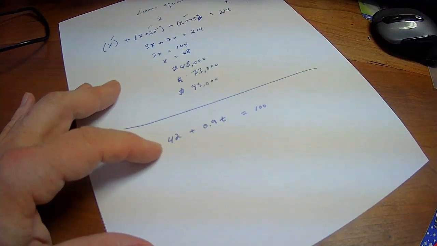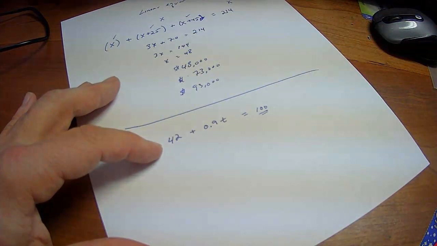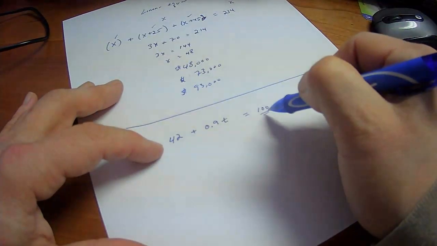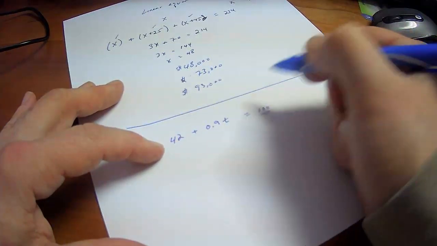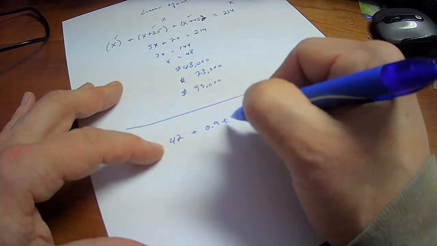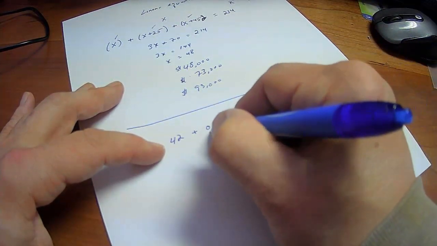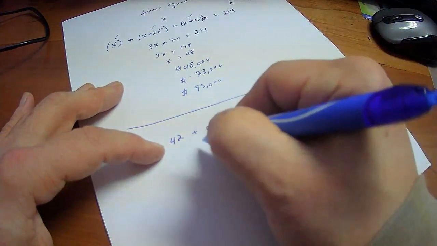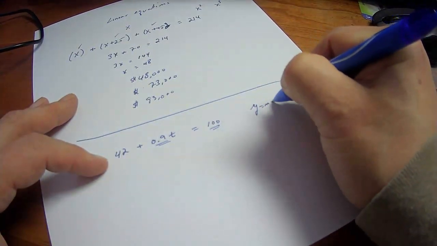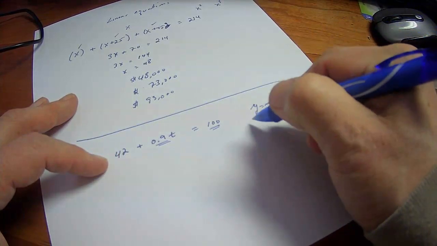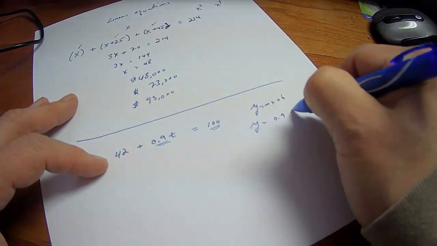So you want this all to add up to 100%. When you do that, you come up with a very easy equation. This would be like the slope of the line. If I was going to put this in standard form, y equals mx plus b, then we would say y equals 0.9t plus 42.